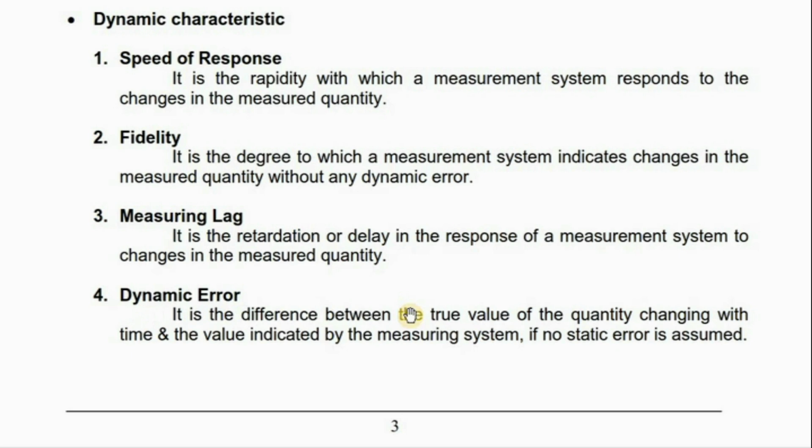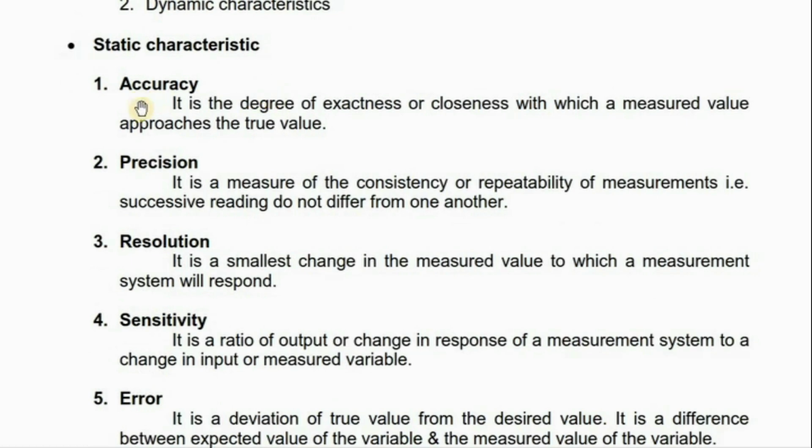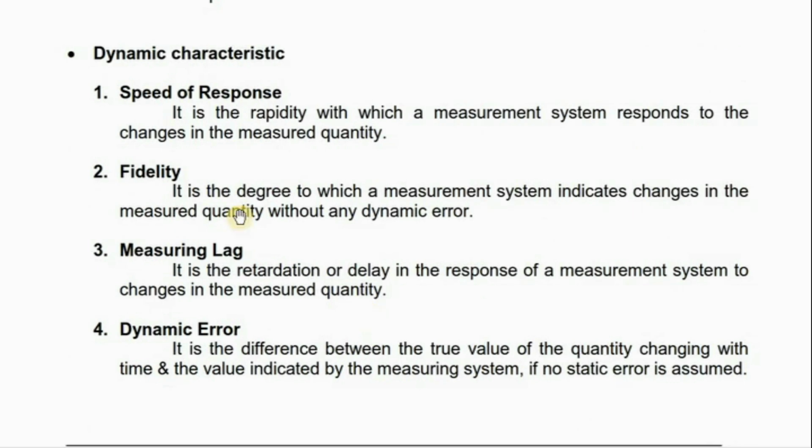To summarize, the performance characteristics of instruments are classified into two groups: static and dynamic. Under static, there are five: accuracy, precision, resolution, sensitivity, and error. Under dynamic, there are four: speed of response, fidelity, measuring lag, and dynamic error.